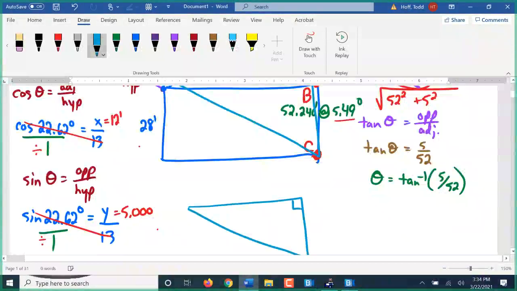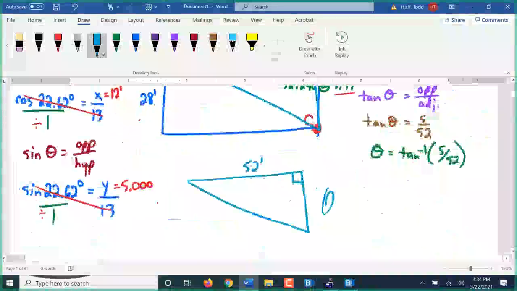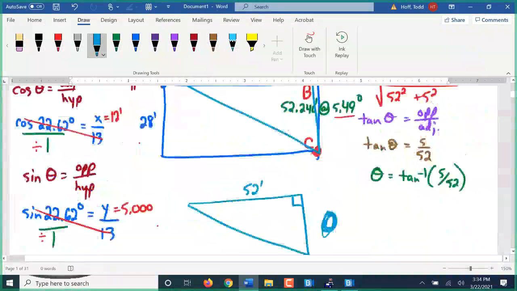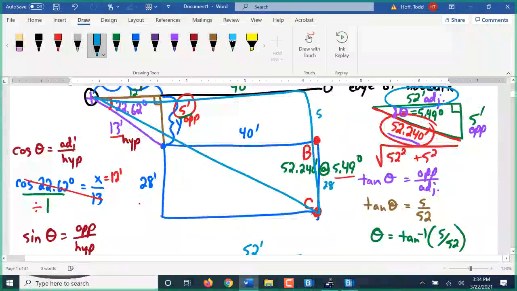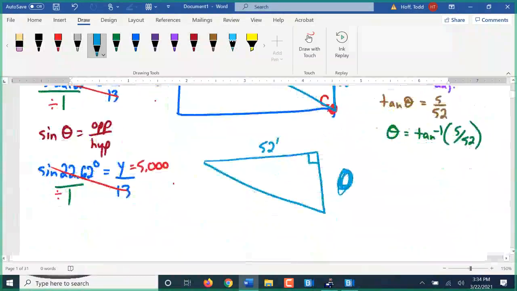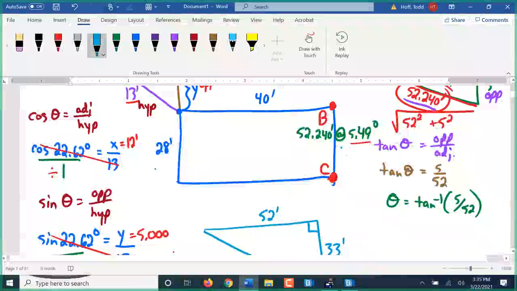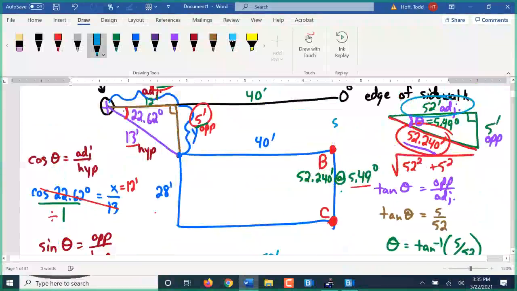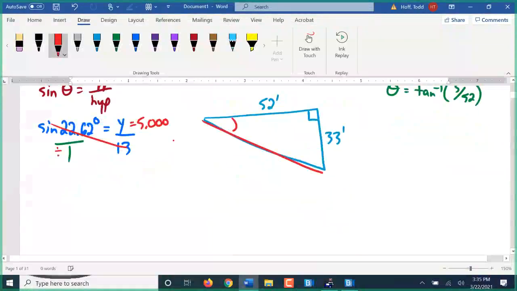That triangle, I know this side up here is still 52, this side over here has changed though. This piece was 5, this piece is 28, so that is 33. So I need to find now on this one, this angle, side.